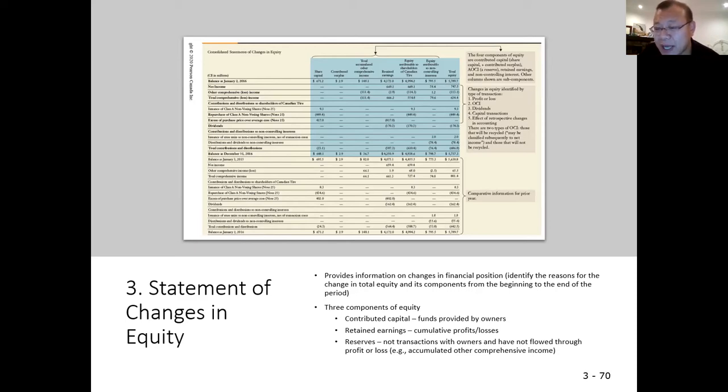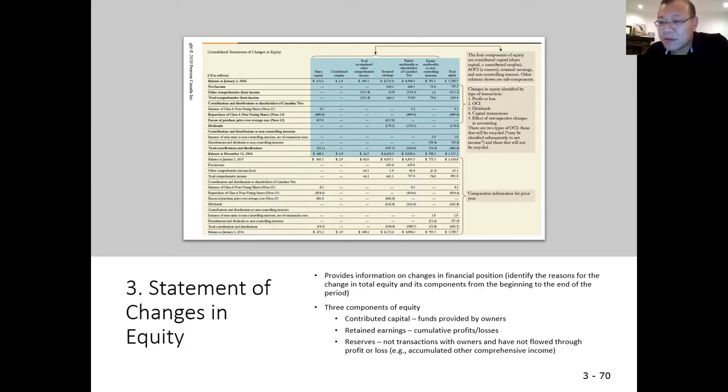And the capital transactions, right? Capital transactions will be related to the contributed capital, right, from the owners, and the effect of the retrospective changes in accounting. Okay, so that would be, remember, we talked about if the change is change in accounting policy, or if it's a correction of error, we have to make the change retrospectively.